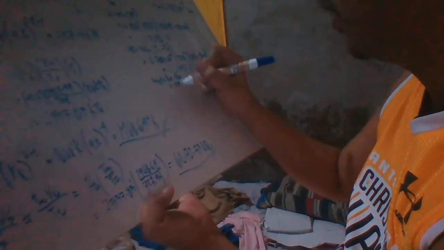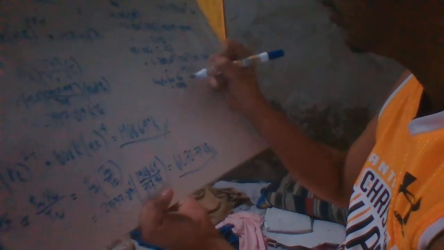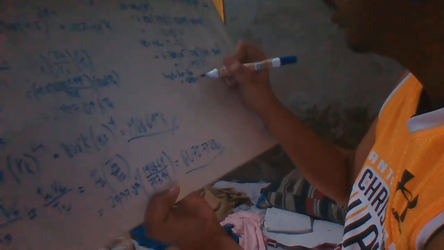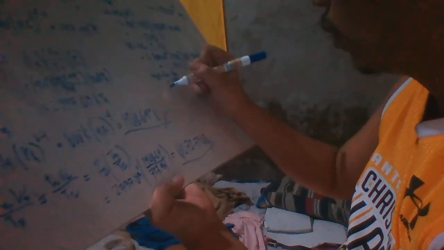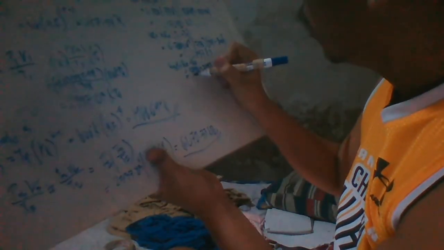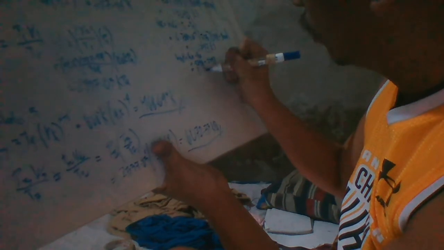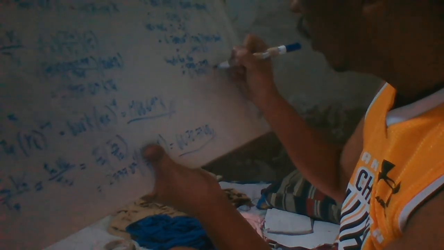As we know, work net is equal to Q added minus Q rejected. So 0.5898 kilojoule minus 0.2397, we will have a work net of 0.3501 kilojoule.